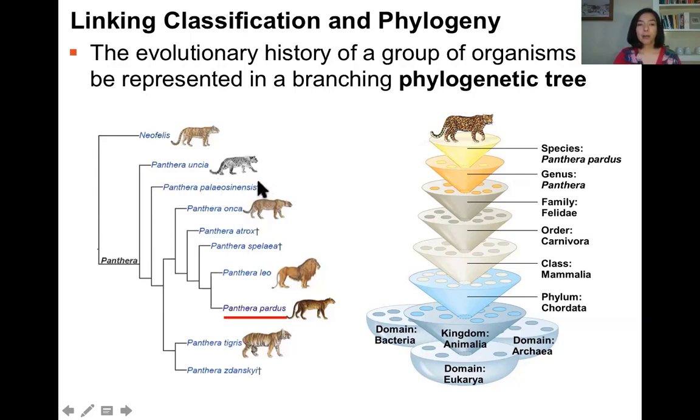All of the taxa that have a cross are extinct species. And then we have, for example, Panthera tigris over here. We have also another genus, Neofelis. This is a different species that doesn't belong to the genus Panthera. Panthera will be all of these.